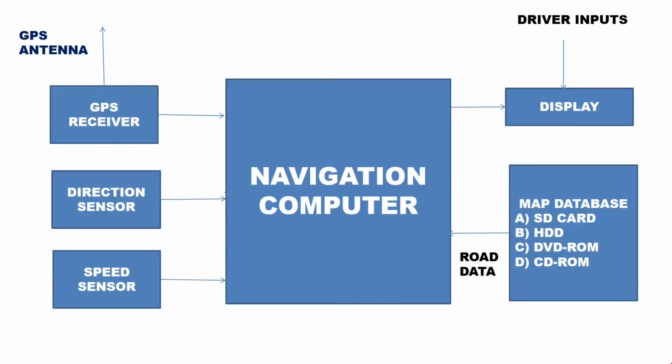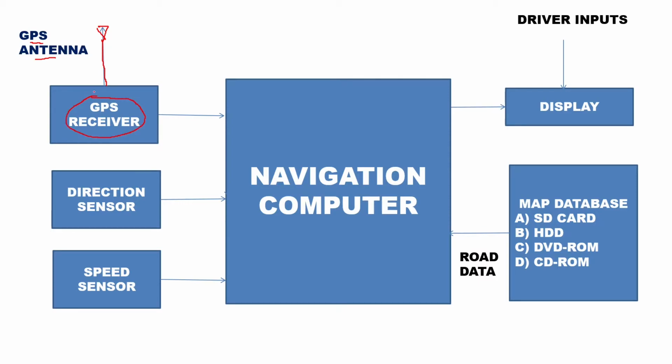Now, if you see the block diagram, here you can see the GPS antenna, global positioning system antenna. This antenna gives information to your GPS receiver.